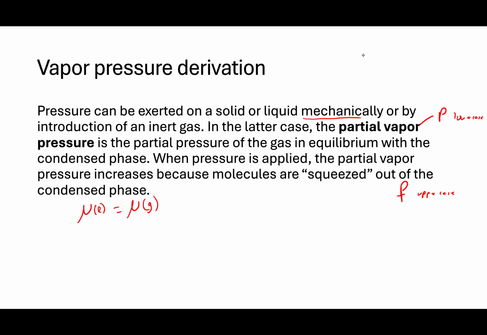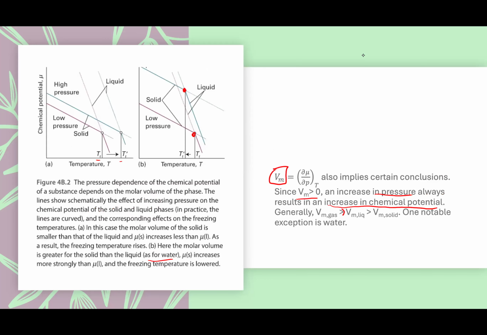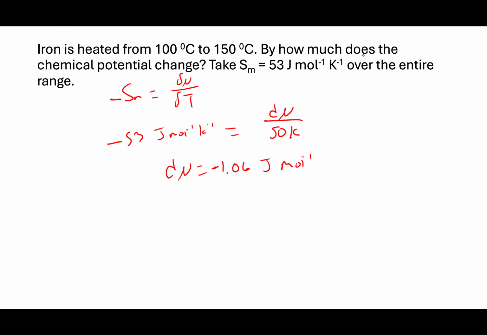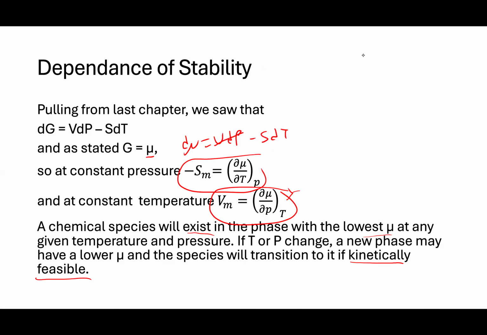So when the pressure on the liquid is increased by a certain amount, dP, the chemical potential of the liquid changes by Vm dP. This is just this particular equation rearranged.